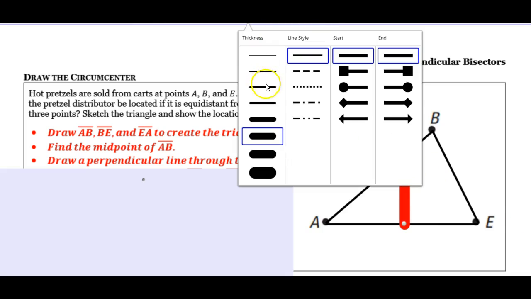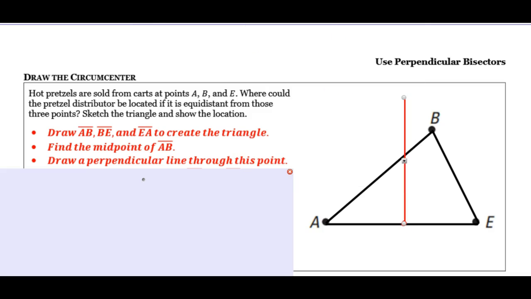So there's my perpendicular bisector. I can draw that because I know this is the midpoint. I made sure that this was the midpoint, and I drew this so it would be perpendicular. Okay? So that is my perpendicular bisector of AE.